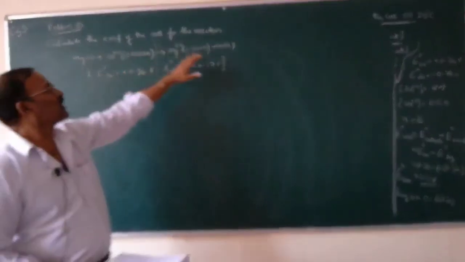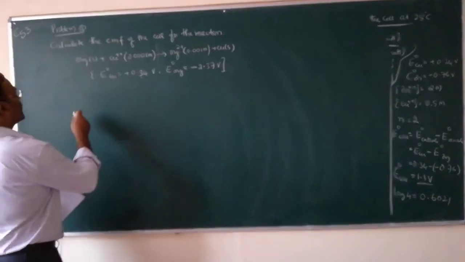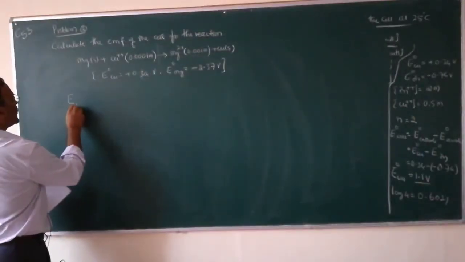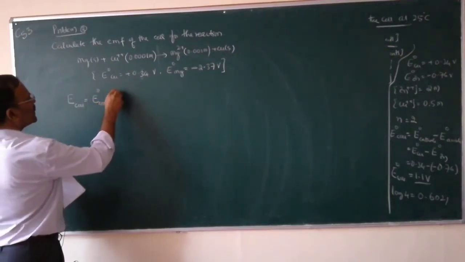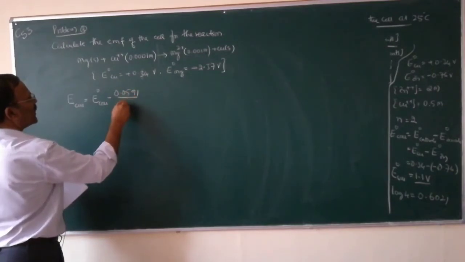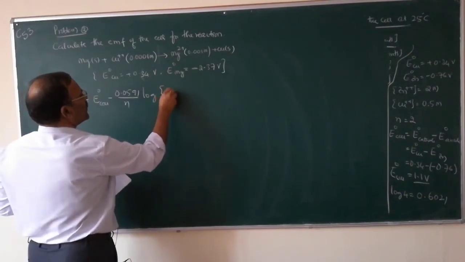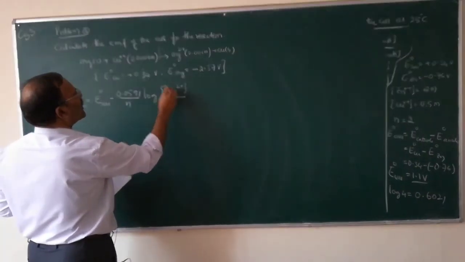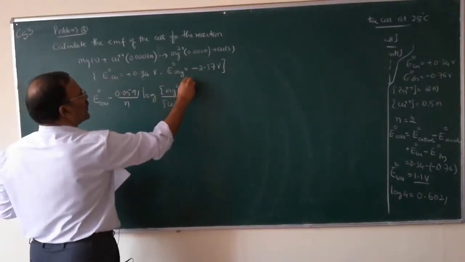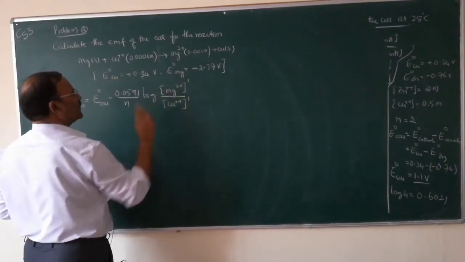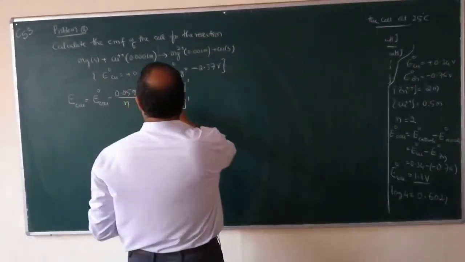For solids, you have to take the concentration as unity. So what is the EMF of cell? E cell is equal to E naught cell minus 0.0591 divided by N, log of concentration of Mg2+ divided by concentration of Cu2+ to the power of 1. So here, what is N?